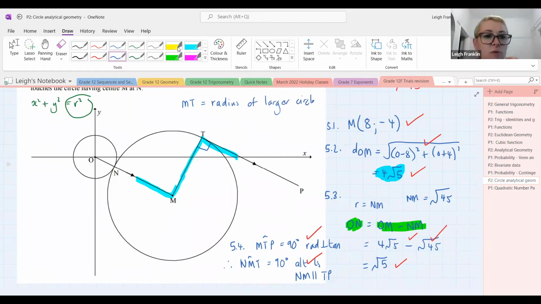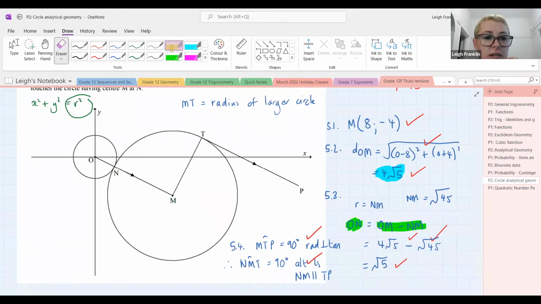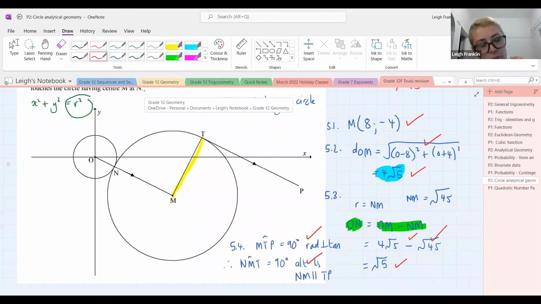In other words, they are asking us to find the equation of the radius. I'm just going to highlight it for us. There it is over there. We know that the radius is perpendicular to the tangent, and we also know that that's a 90-degree corner over there because alternate angles are equal.